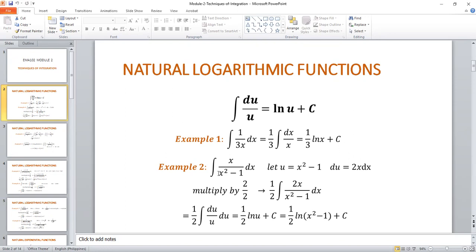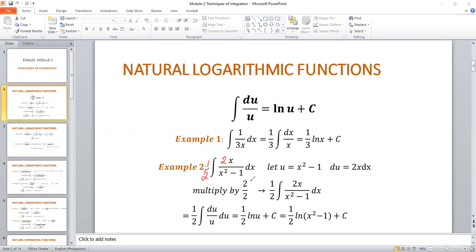Now in example 2, you don't have a very simple u, but rather this time it's x squared minus 1. If that is your u, if you differentiate it, the answer is 2x dx. But what you see in the numerator is only x dx. So to complete the du of your u, you write here 2 and you place here 1/2.